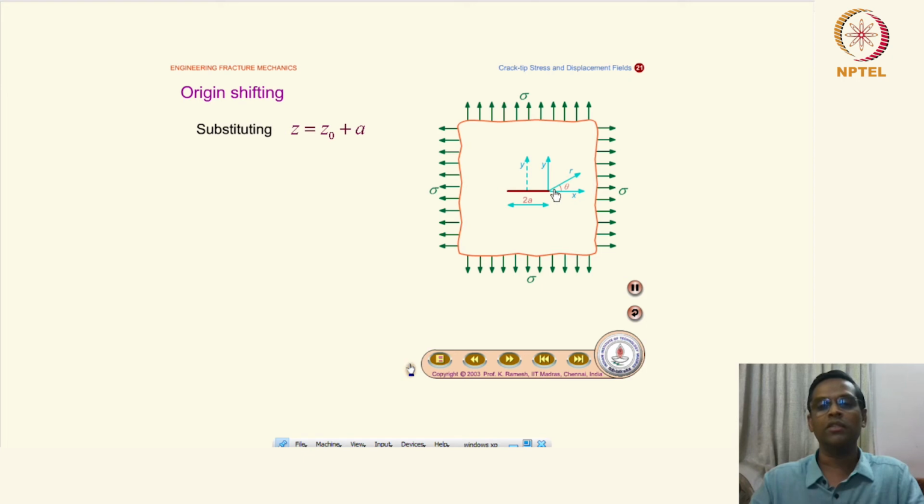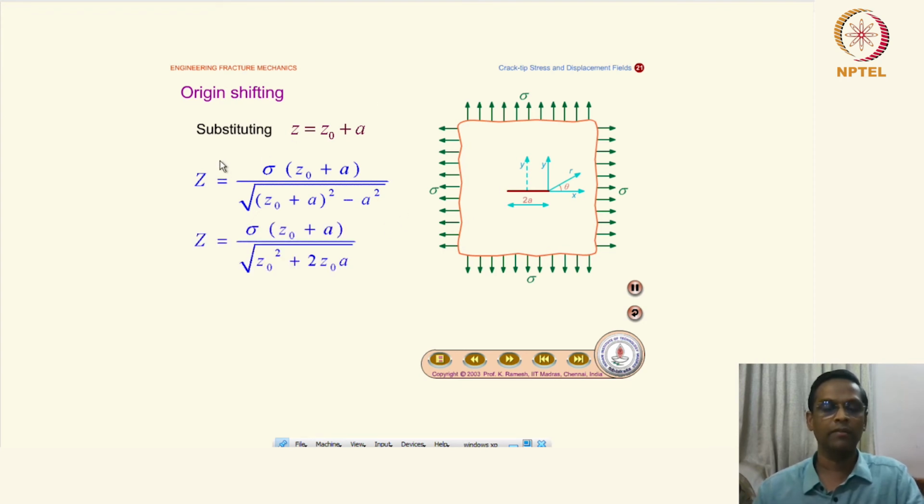So the origin is shifted from center to tip. Then z is defined as z0 plus a. So what is z0? This is this small distance, and this is assumed to be very localized and very close to the crack tip. That is an assumption.